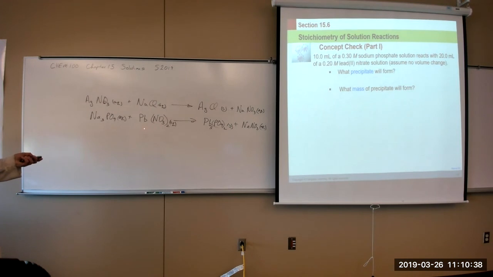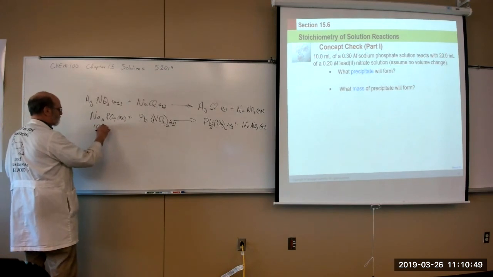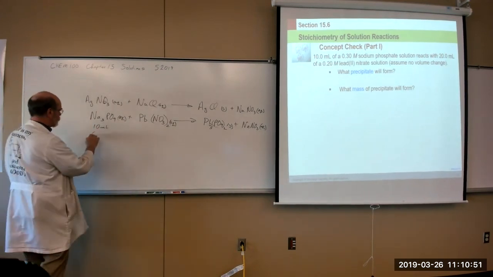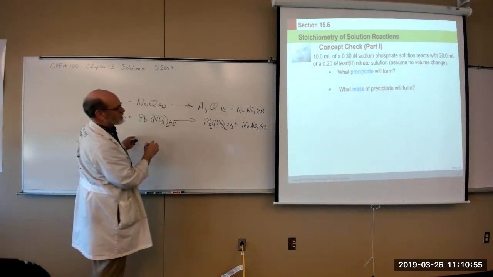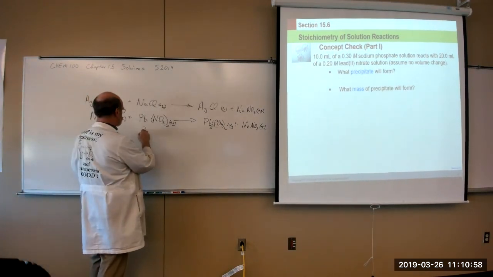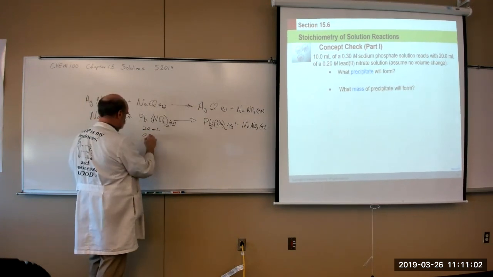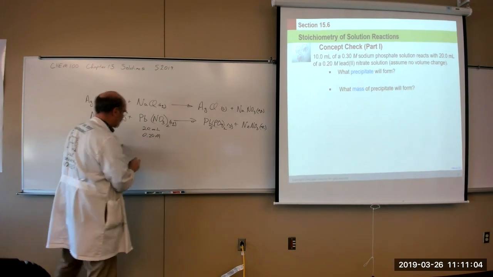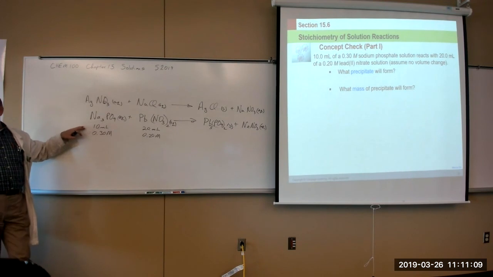Okay, so now we get 10 mils of this one at 0.3, 20 mils of that one at 0.2. And you find out how many moles of each one. If you multiply molarity times milliliters, you get a unit called the millimole.